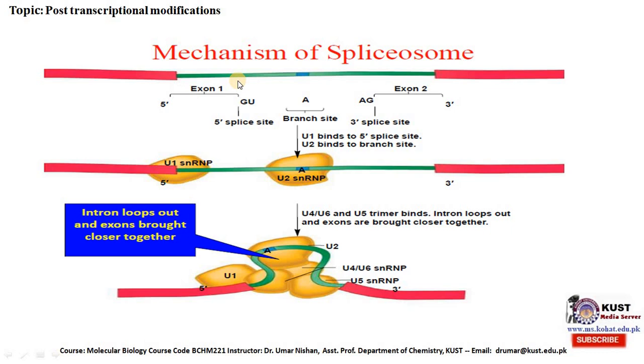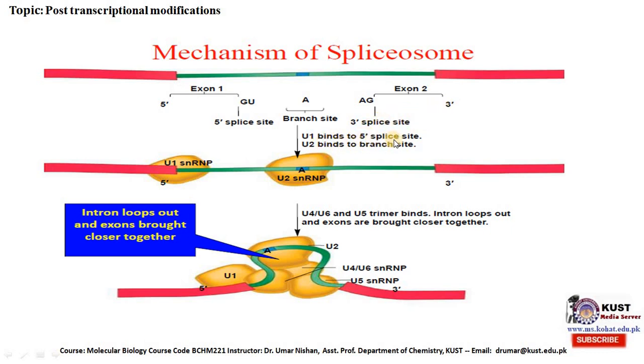Now, mechanism of the spliceosome. Here you can see exon 1 GU splice site. Here is the branch site. Here is exon 2 AG 3' splice site.